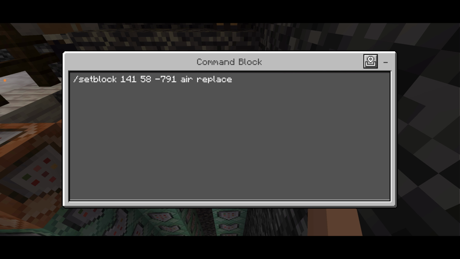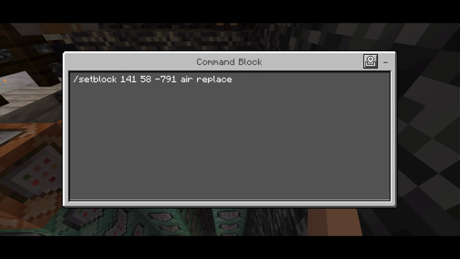Again, the first command block is just going to get rid of the redstone block we placed. When you think about this, it's its own test. When they press the button to buy netherite, it should put a redstone block there.